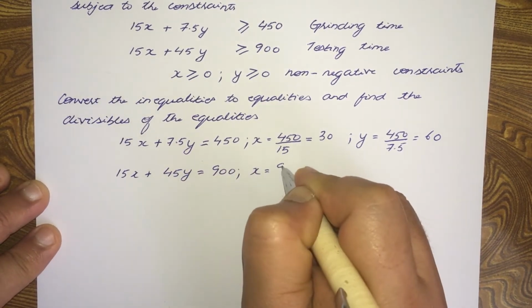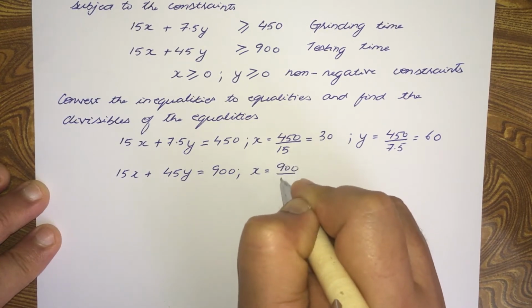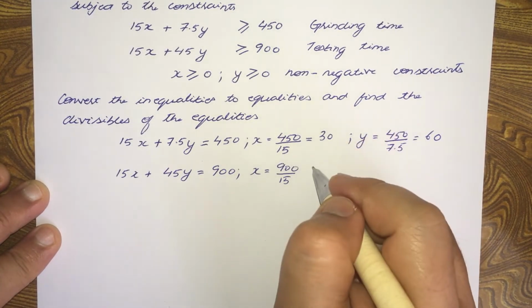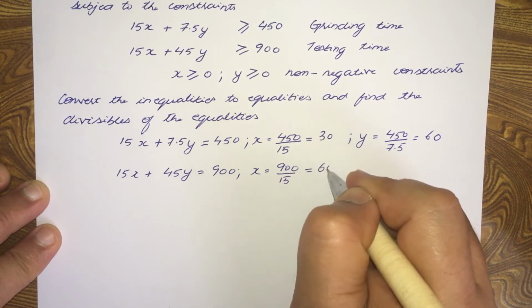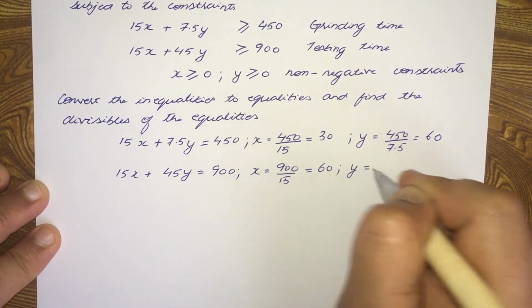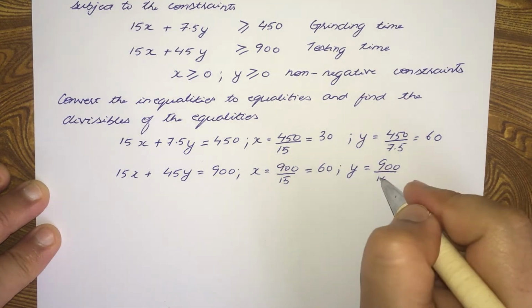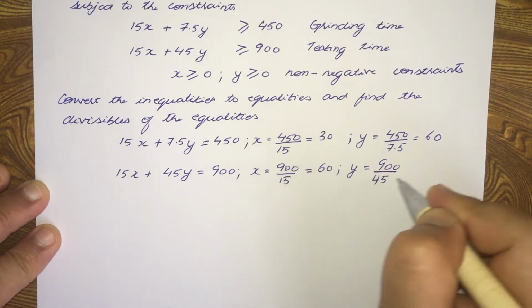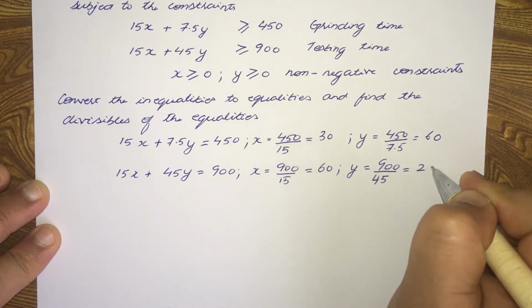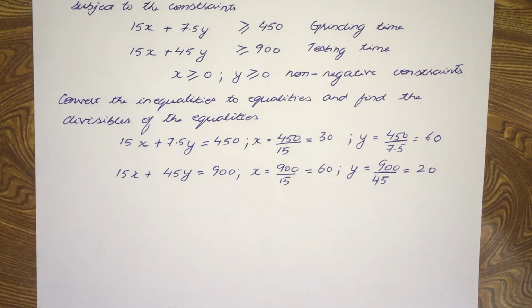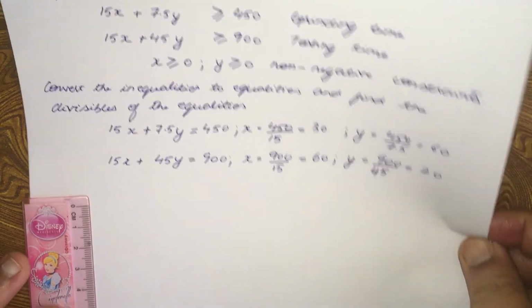So x is 900 divided by 15. That will be 60. Y is 900 divided by 45. You'll get 20. So there we found out the coordinates. Now let us plot them on a graph.